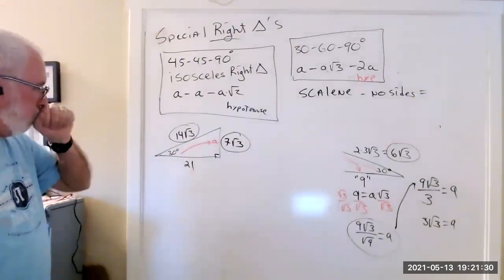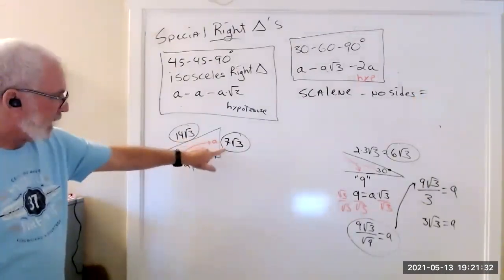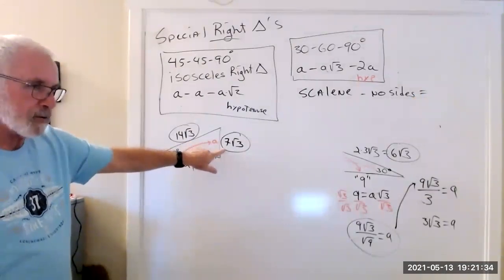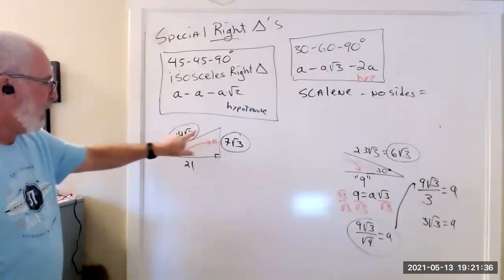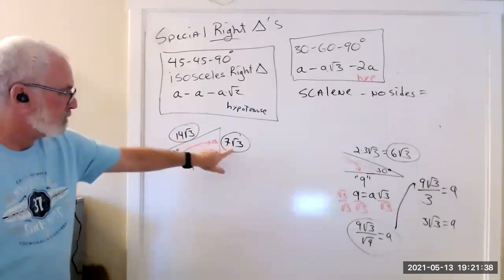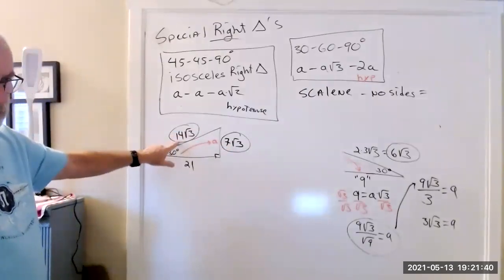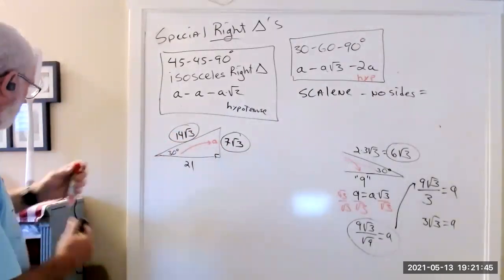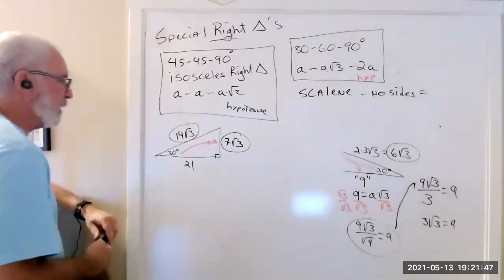Doing the work, I got the A side was 7 radical 3, and the hypotenuse was 2 times that, so it was 14 radical 3. Okay, so let's do the math and see how I got those.